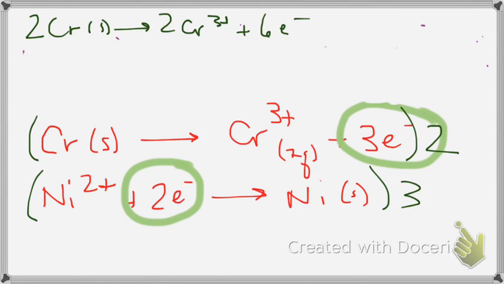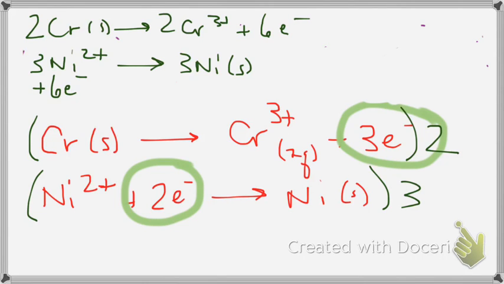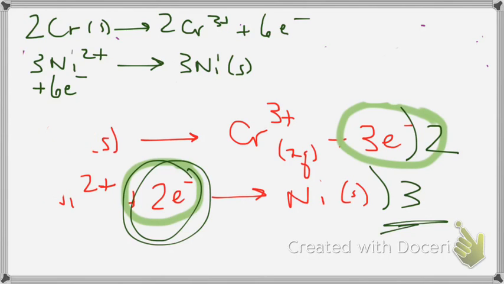When we multiply the nickel reaction by 3, we get 3 nickel cations, making 3 nickel solids, and we also have on the reactant side 6 electrons, because 2 times 3 is 6. So now we just have to combine the 2 equations.